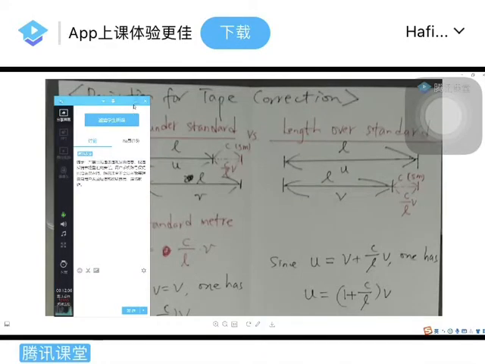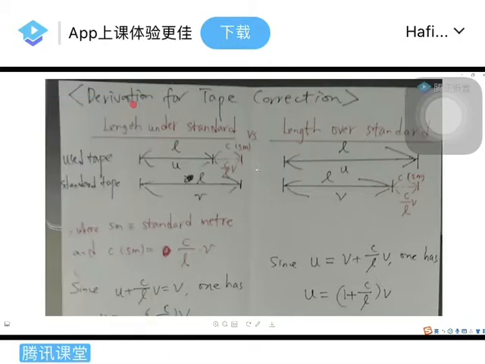Okay, so you can look. This is a tape, the tape you are holding in your hands. The tape is a reference, in the sense of under which conditions. Then the length will be this one.